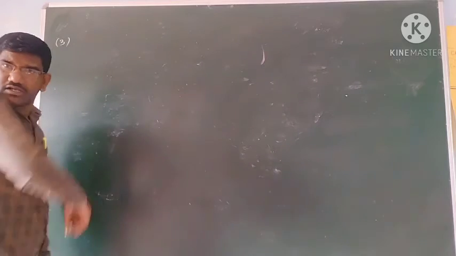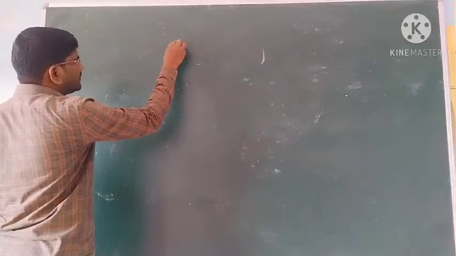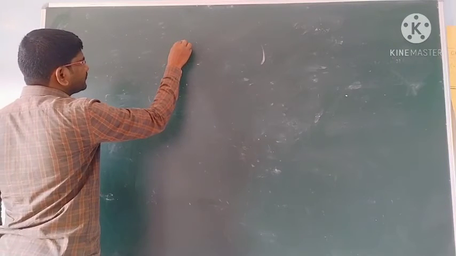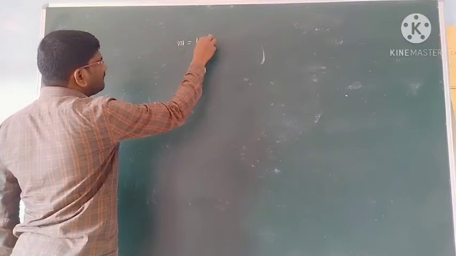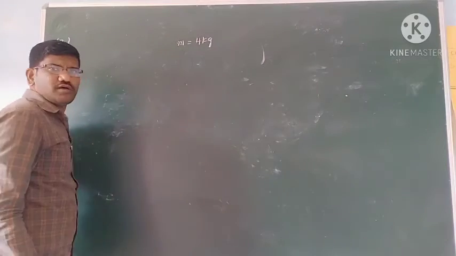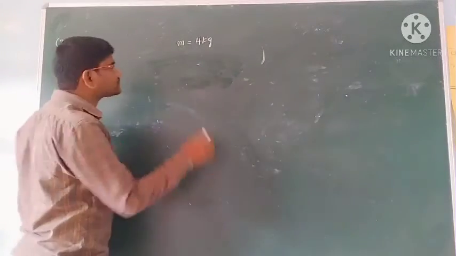Okay students, now see another model. A constant force acts on an object of mass. We have some mass. So the mass of the object is 4 kilogram. I have given it for you.